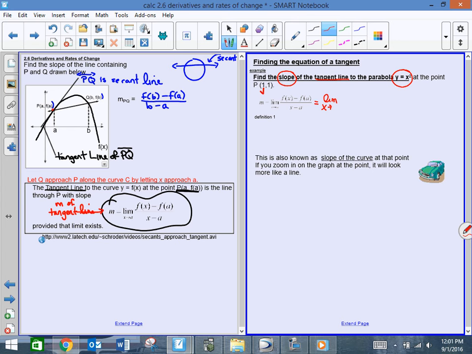So this is A. Okay, what's the other one? f of A, good job. Okay, that's an ordered pair. It's your (A, f of A). That's the point at which you are having the tangent. Remember that on your parabola, which everybody knows is y equals x squared, like that, (1, 1) is about right here, right? Your tangent line, go ahead and draw your tangent line at (1, 1).